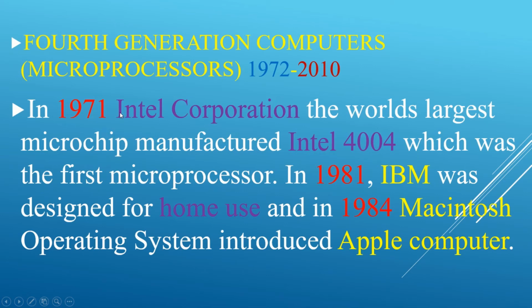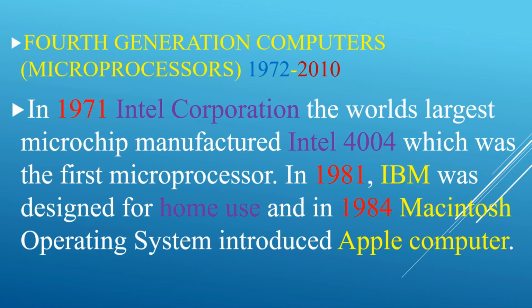Thus, in 1971, Intel Corporation, the world's largest microchip manufacturer, manufactured the Intel 4004. That's a microprocessor. So Intel Corporation around that time developed the Intel 4004, which was the first microprocessor.